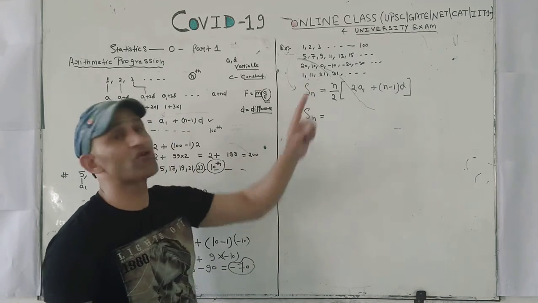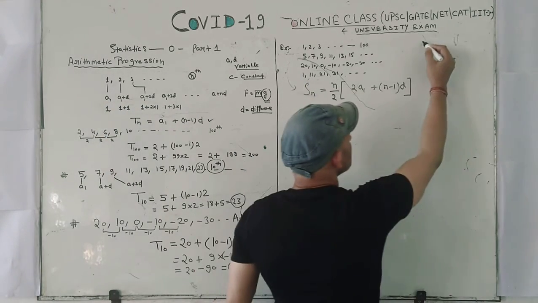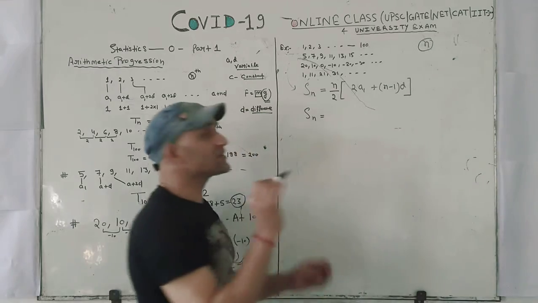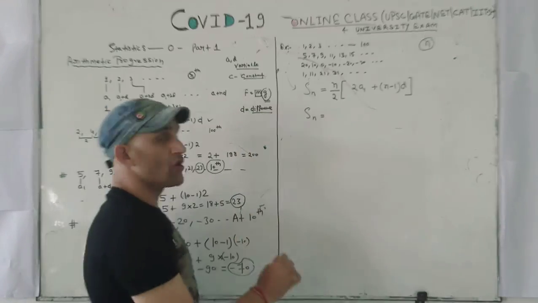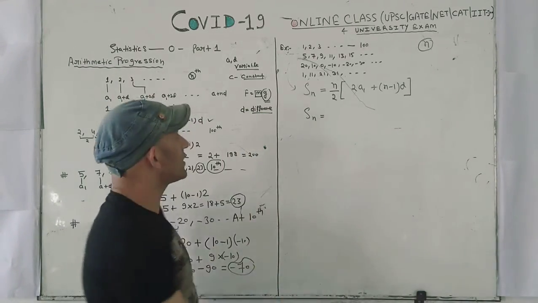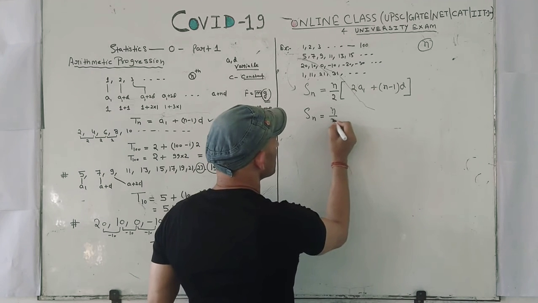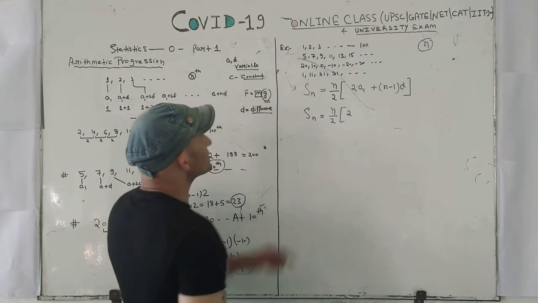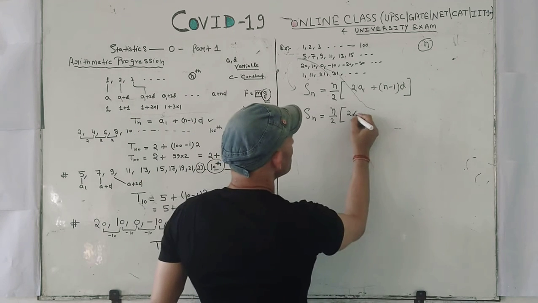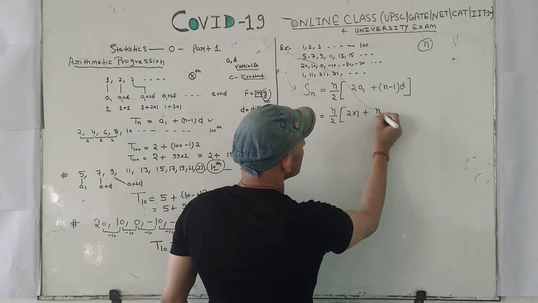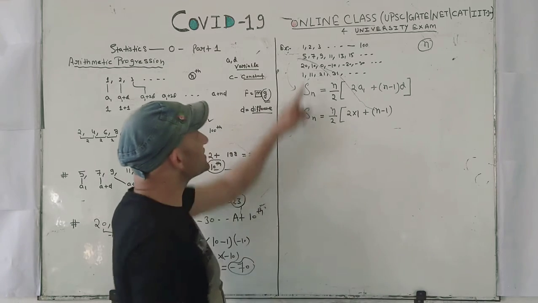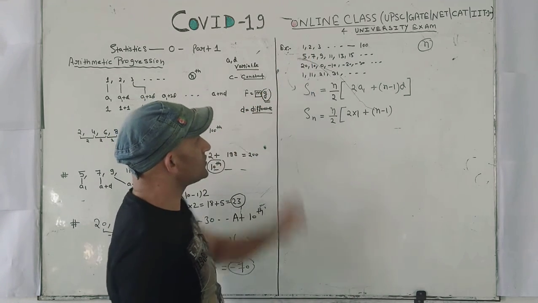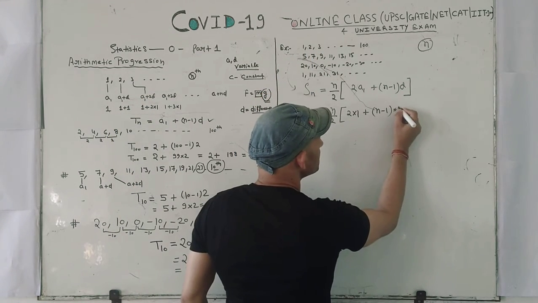At first we will find it for n. What is the sum of n natural numbers? Suppose this is n. This is 2 into a1, and a1, the first value, is 1. So 2 into 1 plus n minus 1 into the difference. 2 minus 1 is equal to 1, 3 minus 2 is equal to 1, so the difference is 1.